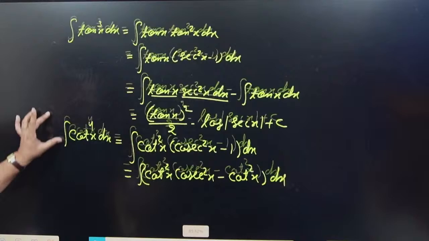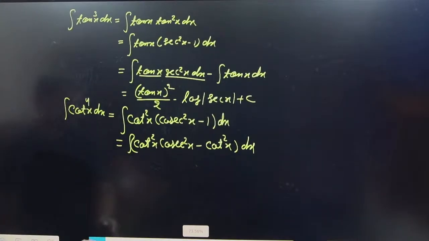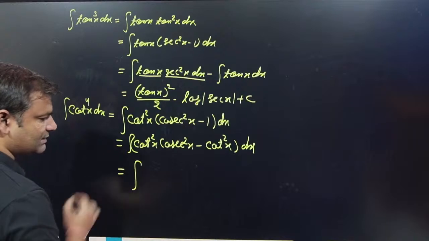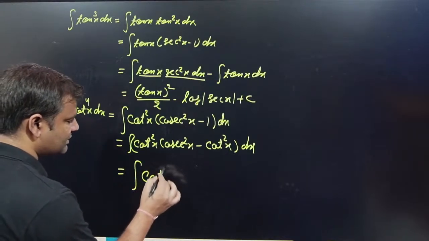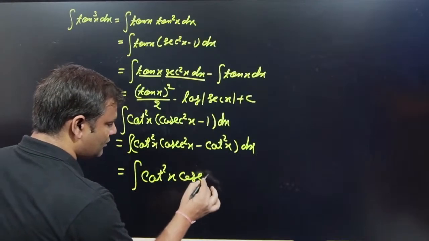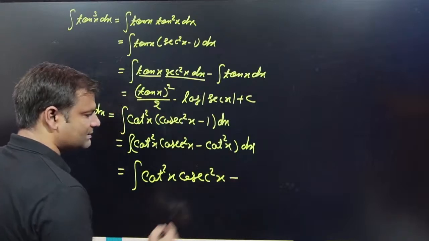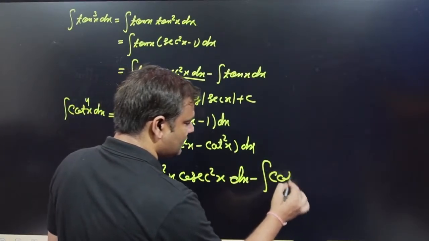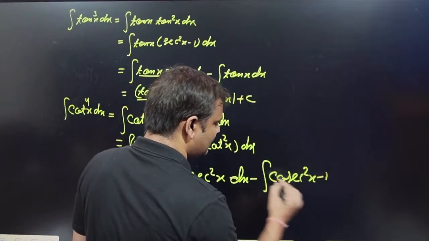Okay. So after that, look here very carefully. This one is written cot square x into cosec square x dx minus this one replaced by cosec square x minus 1 into dx.